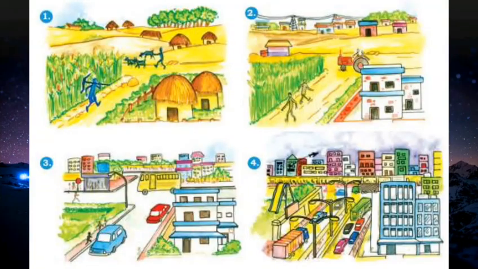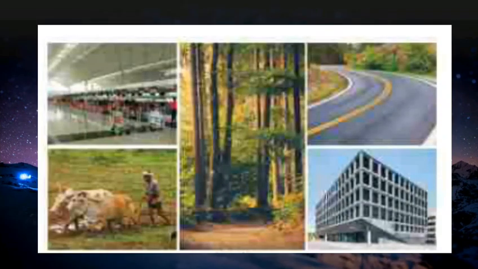As you can see in this picture, across the whole world land is used for different purposes. Somewhere it is used for cropland, somewhere for pastures, somewhere for forest, and somewhere human beings use the land for their living. Human beings thus use land as a resource for production as well as residence and recreation.